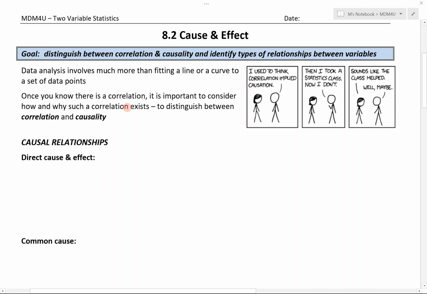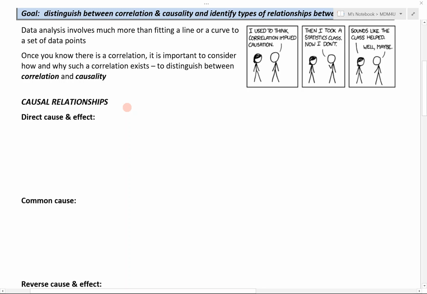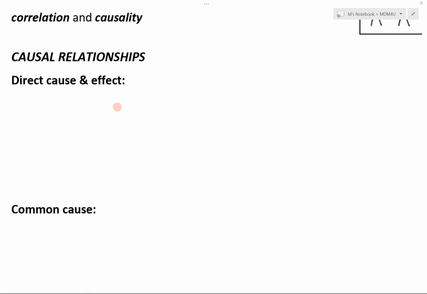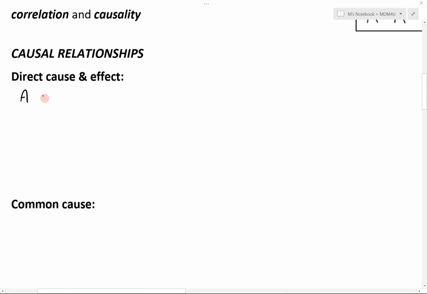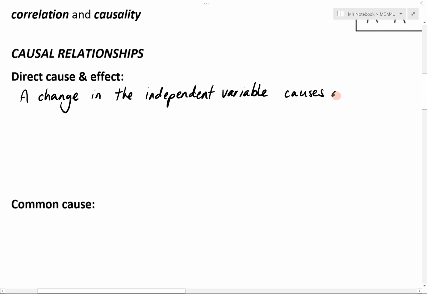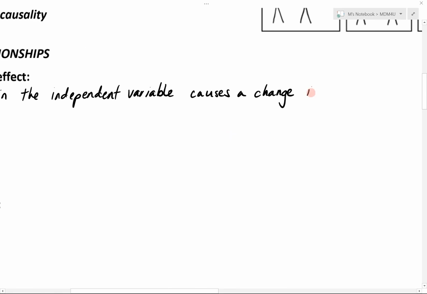So there are different kinds of causal relationships. We're going to look at some of these together. The first one we'll look at is direct cause and effect. A simple definition for this I could say is that a change in the independent variable causes a change in the dependent variable.